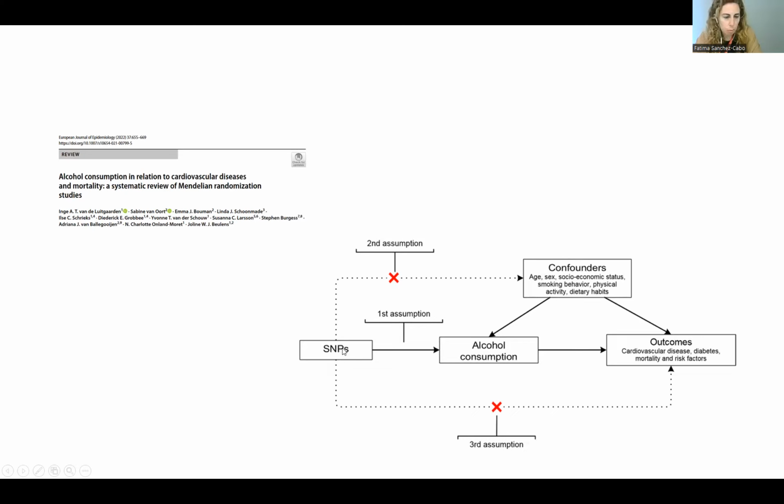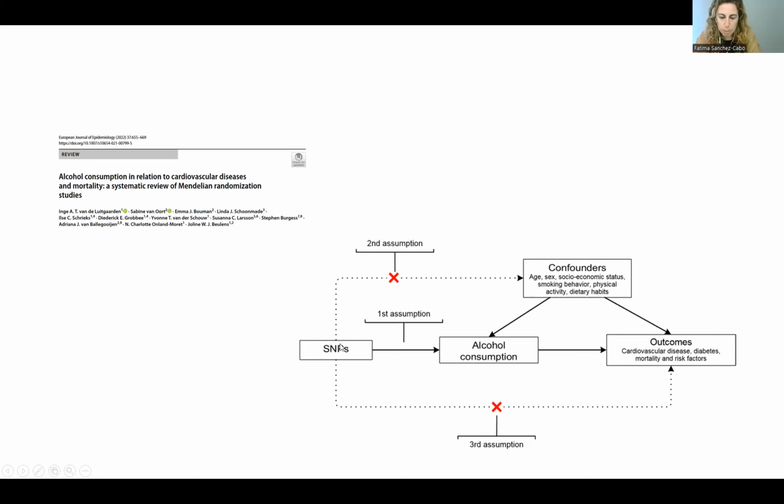So we can get information from previous studies. We don't need to use our own data set, which is normally smaller. So we select the SNPs that are associated, in this case, with alcohol consumption. There are a lot of studies on this. Then the SNPs cannot be associated with any of the confounders of the association between alcohol consumption and the outcome.